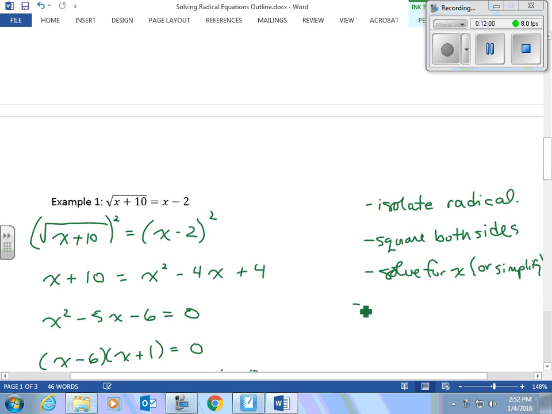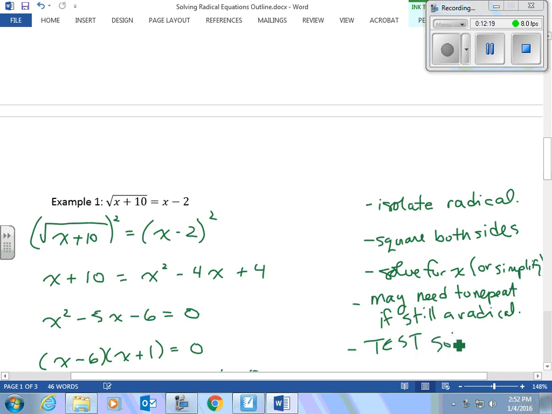But you may need to repeat the whole process if there's still a radical. And then your final step is to test your solutions. And as you could see with the examples that we did, sometimes some of them will be eliminated. And that's it for this lesson.